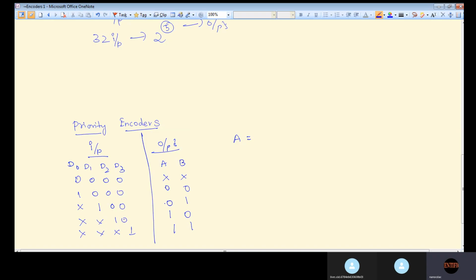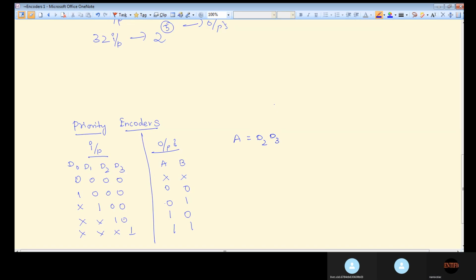So if you write the logic equation, how do you get the logic equation for this? A will be equal to what? See, D2, yeah, చెప్పండి. D2, D3 bar.